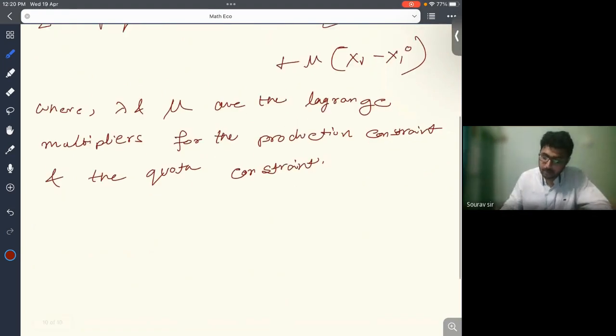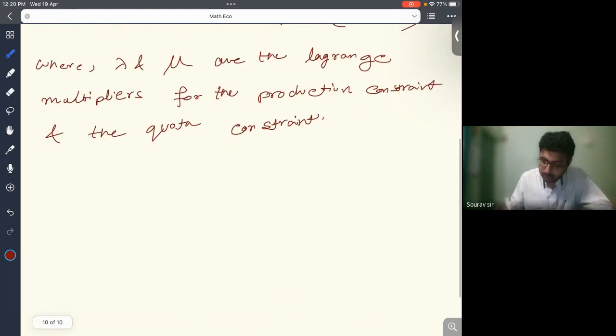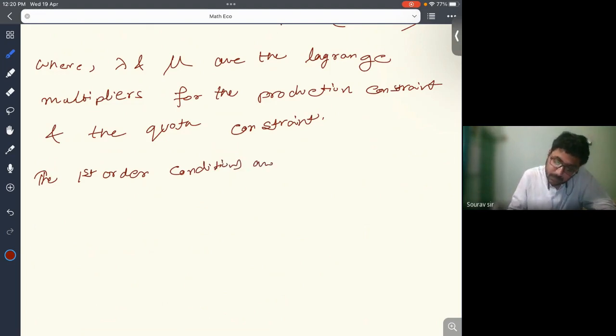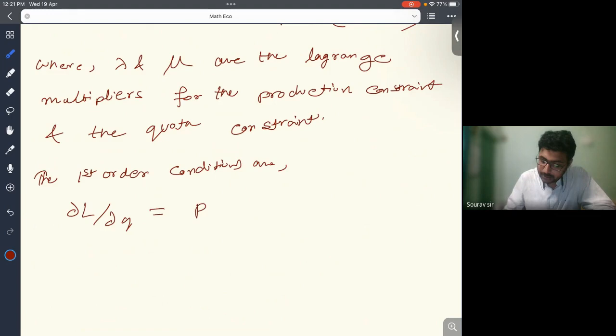So if we differentiate it with respect to q, the first order conditions, that is FOC, delta L by delta q can be written as p minus lambda is equal to 0, right?